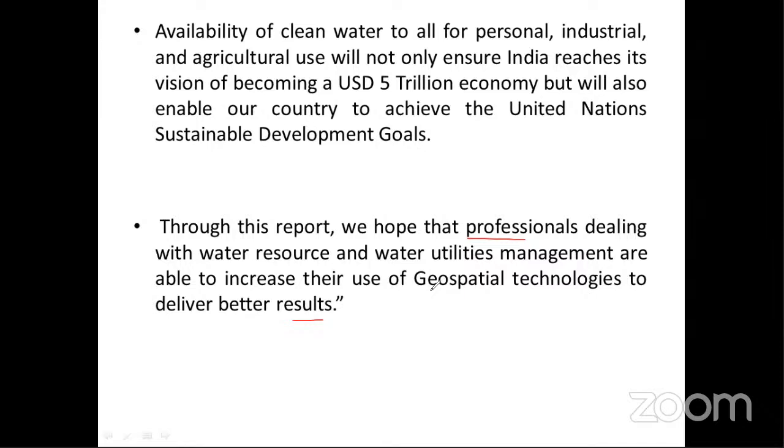And for the mains exam, this may be a question in your GS paper 3, agriculture or economic geography problems, and maybe in a problem related to the environment, or in GS paper 1, the geography part. It is very clearly mentioned in your syllabus that water crisis or any water related issues in India will be part of your syllabus. So how can we use geospatial technologies to fight this water crisis and for better management?